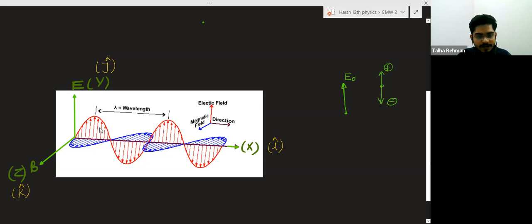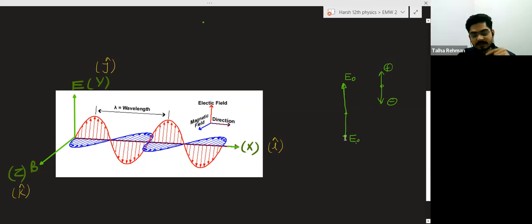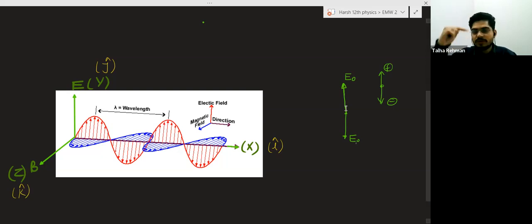After that the electric field is again increasing in the negative direction and again becomes maximum. After becoming maximum it is decreasing and becomes zero. So this is known as oscillation. The electric field is zero, maximum, again zero, maximum in the negative direction, again zero. This is known as the oscillation of the electric field.